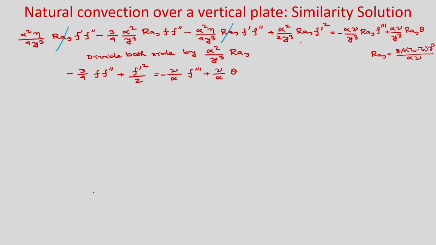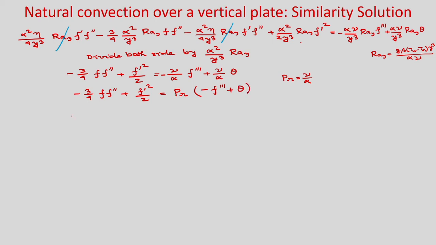Okay. And you know the definition of Prandtl number, it is nu by alpha, right. Prandtl number is equal to nu by alpha. So, if you put it here, so you can see it will be minus 3 by 4 f double prime plus f prime square by 2 will be Prandtl number into minus f triple prime plus theta.